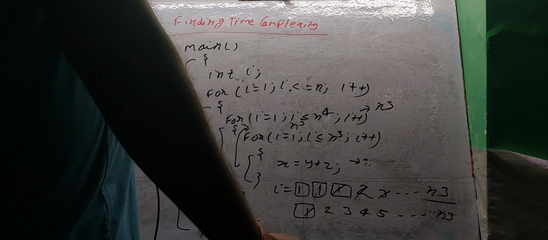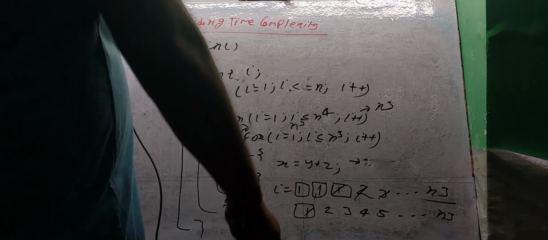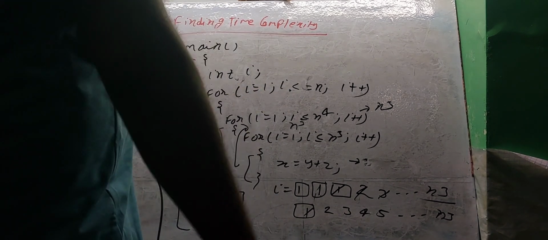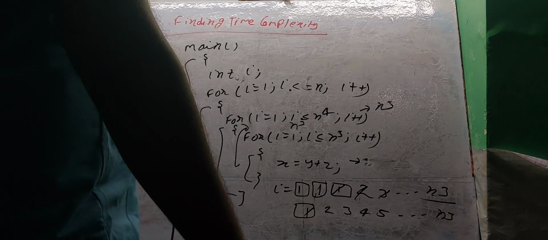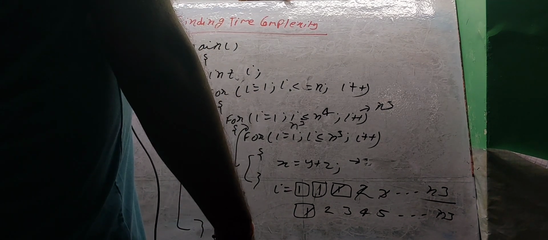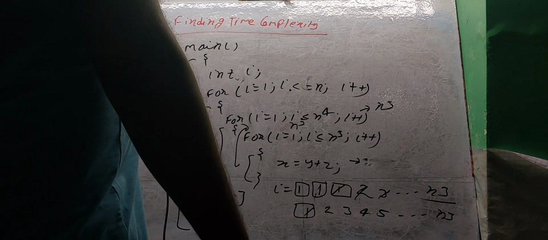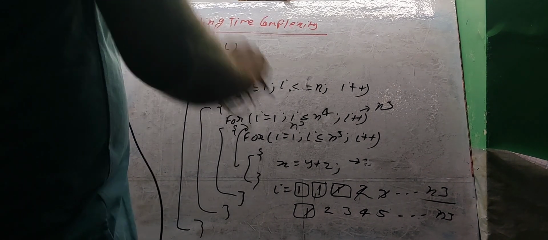It should terminate after finite steps. Steps are finite, but it is not terminating. So it is not following the algorithm properties, and so we can say that it is not an algorithm.